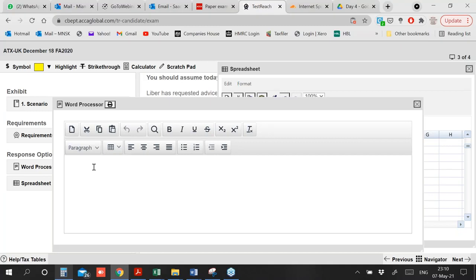You'll start with: on the takeover the gain will be split into two parts, one for shares and one for cash. However, the gain for the cash will be immediately chargeable regardless of the sale of the shares. For shares, the gain will not be chargeable until she decides to sell the shares. Then you will mention that on the shares she will have a chargeable gain of this, and explain that if she decides to sell the shares this year, her complete CGT liability will be this.